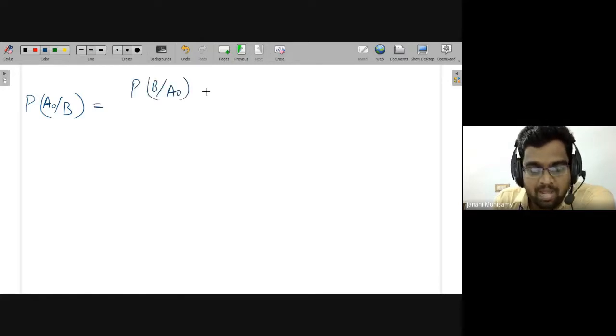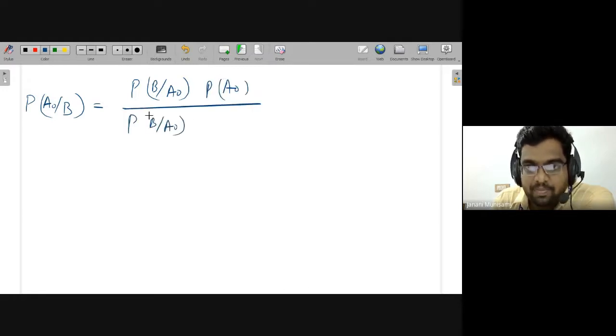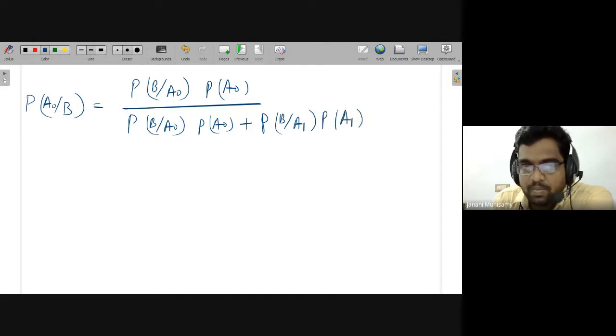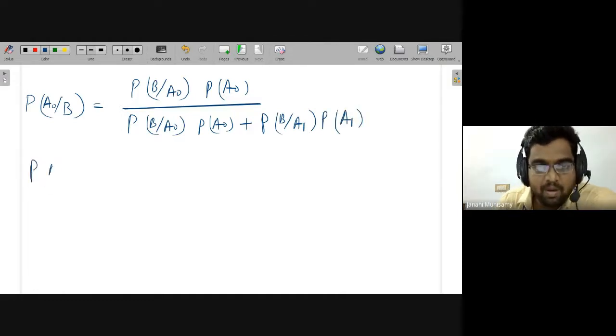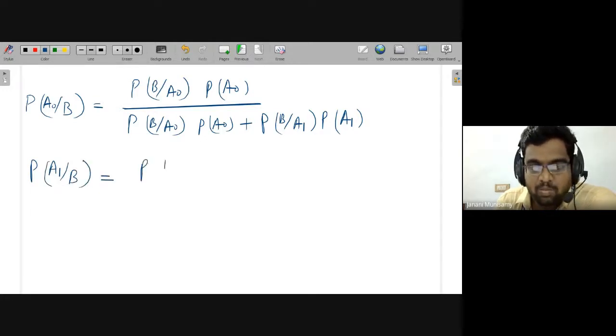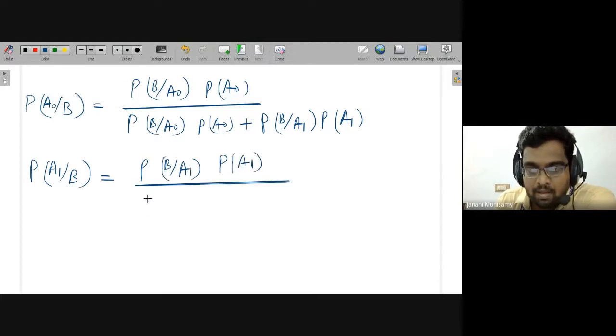Probability of A0 given B is equal to probability of B given A0, probability of A0, divided by probability of B given A0, probability of A0, plus probability of B given A1, probability of A1. Then similarly, probability of A1 given B is equal to probability of B given A1, probability of A1, divided by the same denominator.